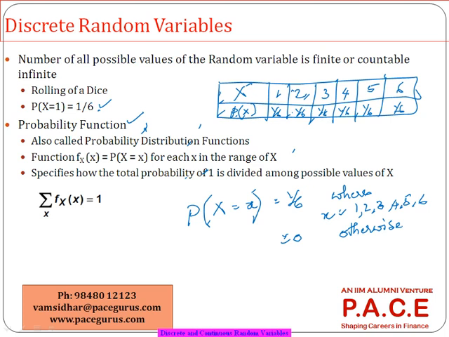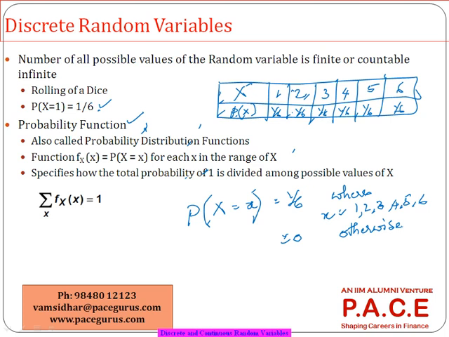We are saying probability of x equal to x is equal to 1 by 6. So it need not be represented only in a table form like this. It can be represented in a function form like this. Where x equal to, they have defined these are the values, small x. So probability of x equal to 1 is 1 by 6, x equal to 2 is 1 by 6, x equal to 3 is 1 by 6.